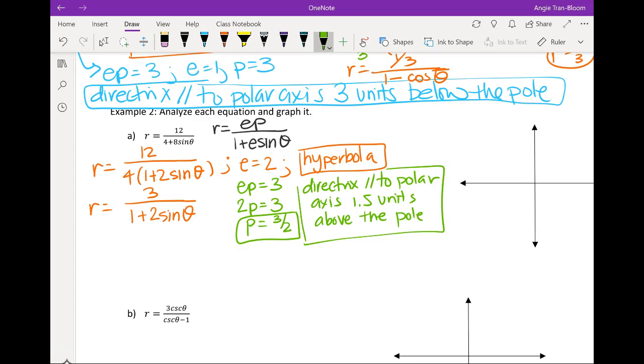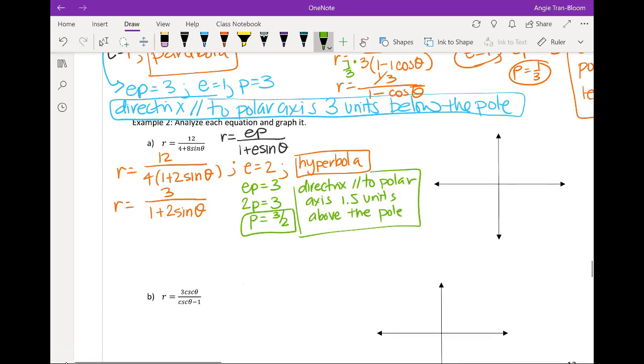All right. How do we graph this hyperbola? Carefully. Do you guys remember how to convert it to rectangular form? Oh, okay. All right, here it is. We'll take the reduced form.